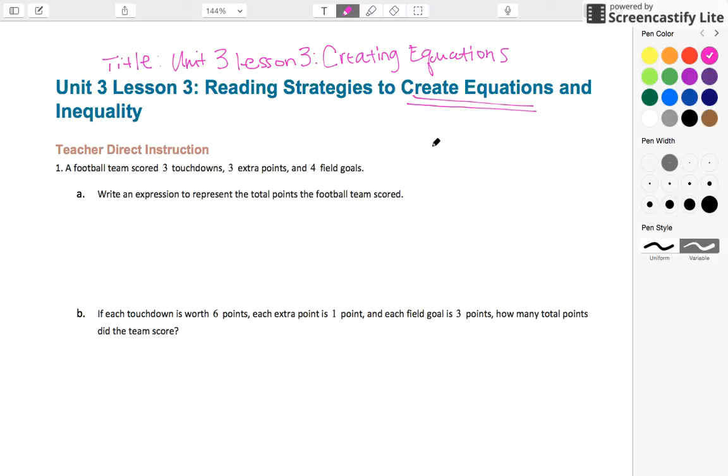So if we were to do our problem solving thinking guide, then we can think about the story, such as the story is about a football team, right? So we just have a football team, and they are scoring points.